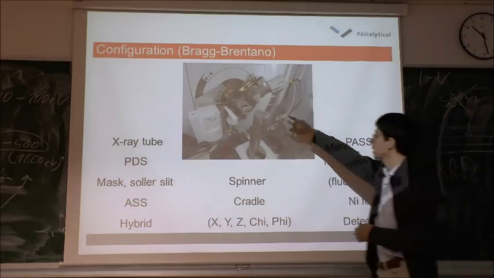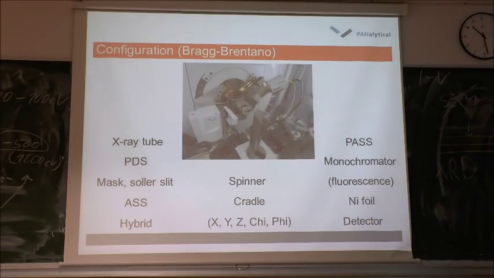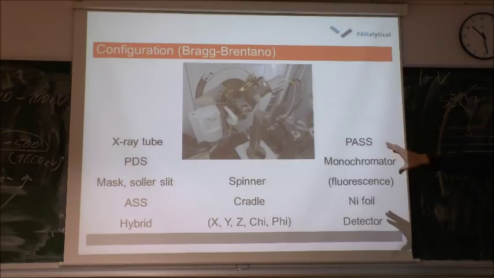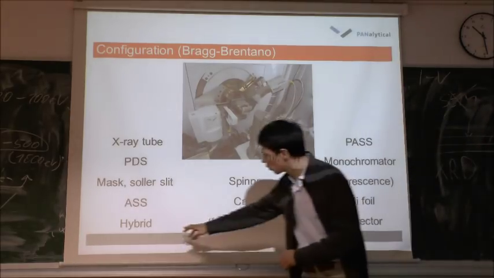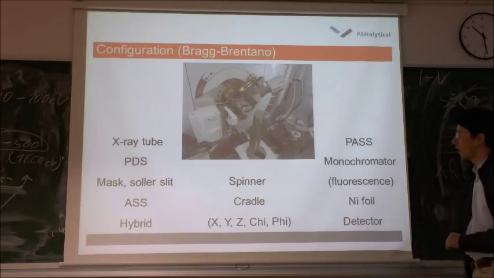This is exactly shown here. It's a 1D monochromator. It's a very nice one, but I don't want to go into details of that monochromator. Then we have a nickel foil in order to remove beta radiation, and then the detector, which will also be explained later on. So this is a typical configuration. These are all the components which can be exchanged. And I'll say a few words about the hybrid on the detector side now.